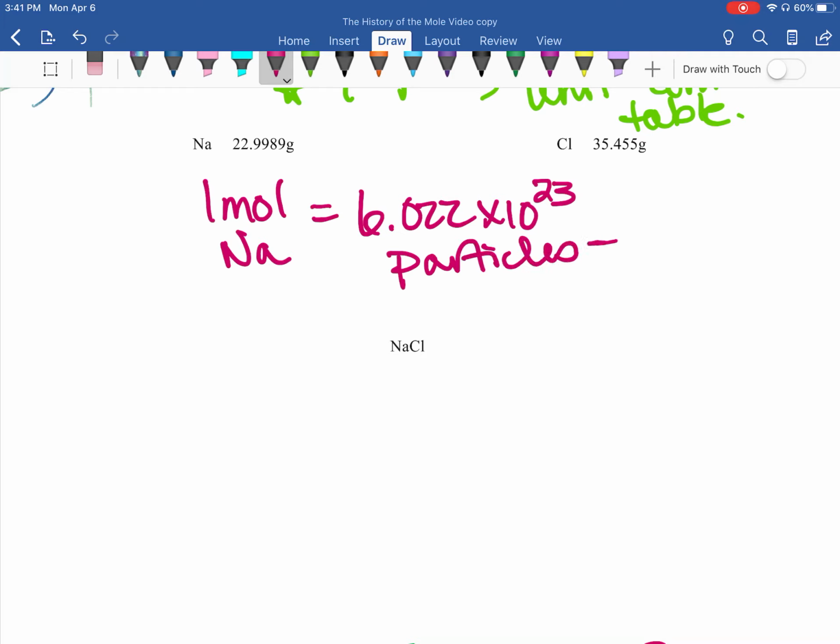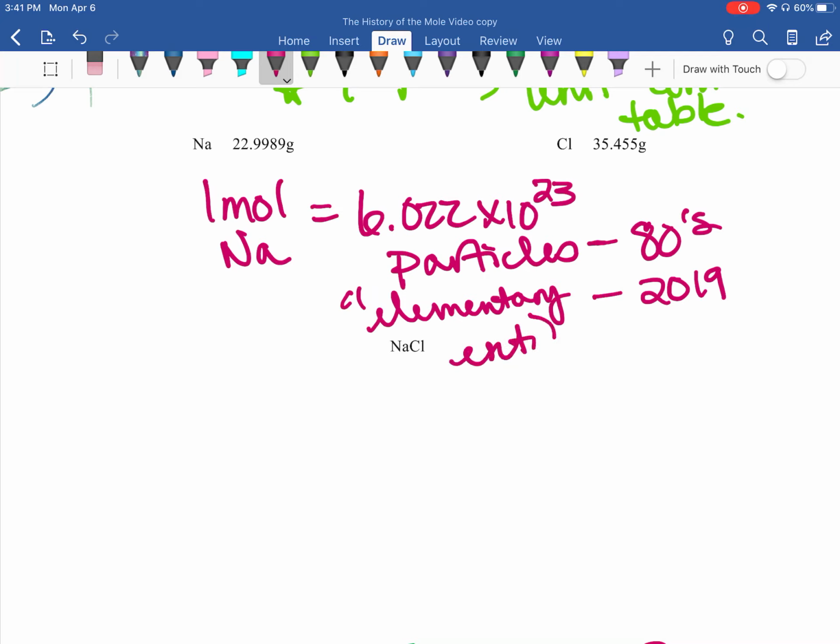Okay, which particles is the 1980s definition. The 2019 definition is called elementary entities. I'm going to go out on a limb here and abbreviate that EE, even though EE tends to stand for something else. I'm going to wing it.